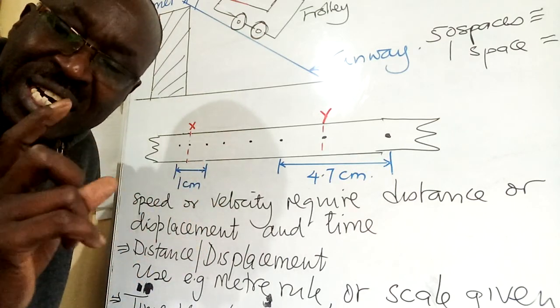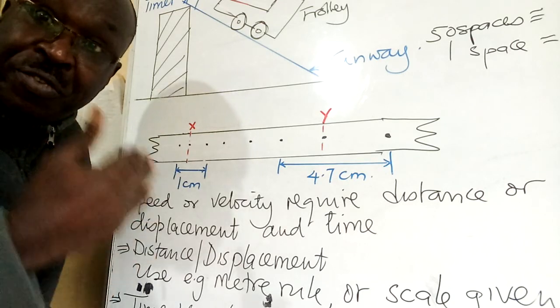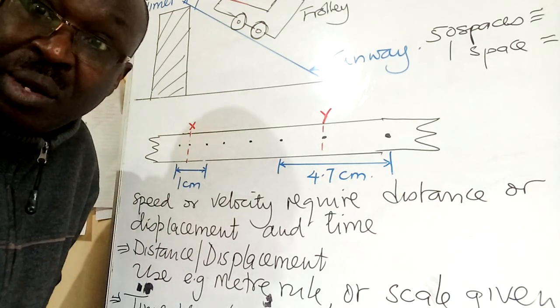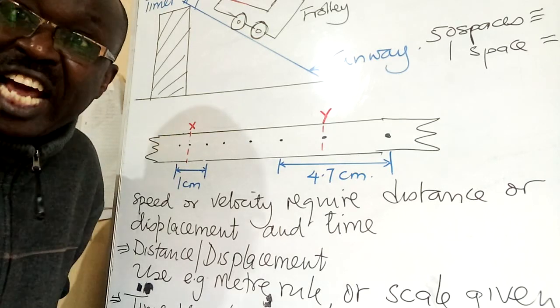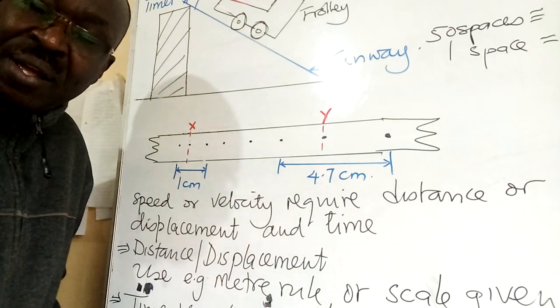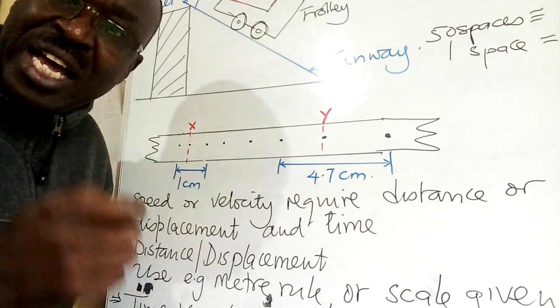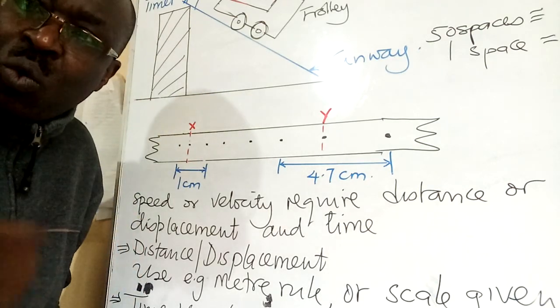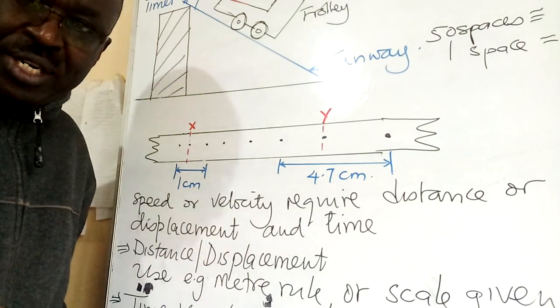So you must understand the language in the textbook. If you count the dots, there will be 11. Yet we talk of 10 spaces. Why? Because the first dot is the reference point. When you measure length, you must have a starting point.